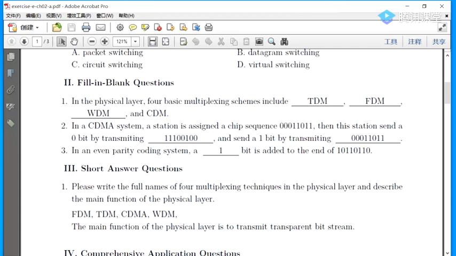TDM means time division multiplexing, FDM frequency division multiplexing, WDM wave division multiplexing, and CDM code division multiplexing.